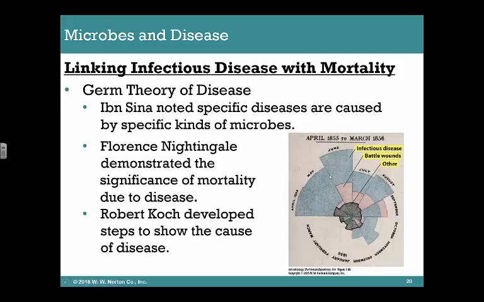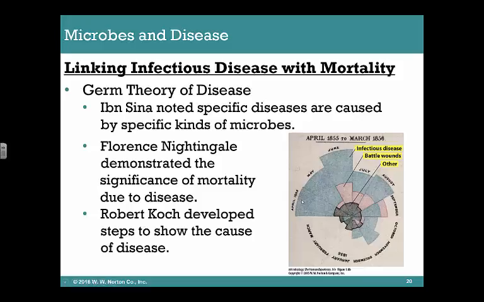And you can see that by the blue wedges, which are representing the infectious diseases, being much larger than the pale red wedges, which are death due to battle wounds, which also could be as a result of sepsis or the presence of a systemic infection with microbes, and then other unknown causes in the black wedges.